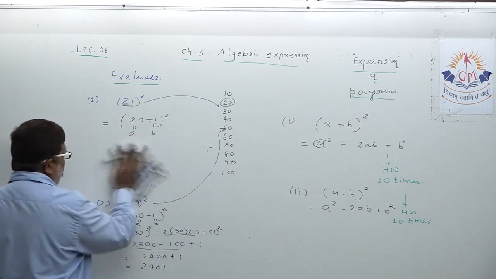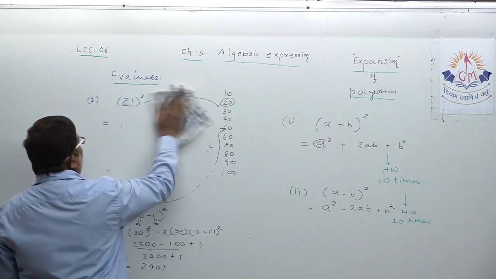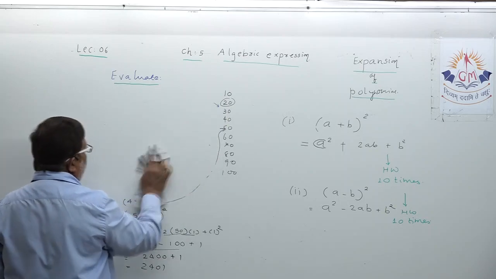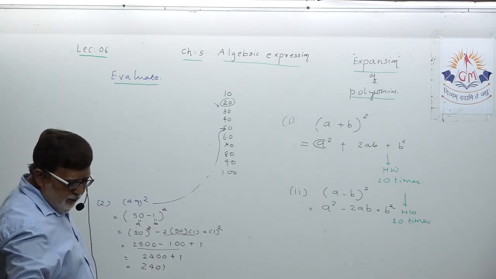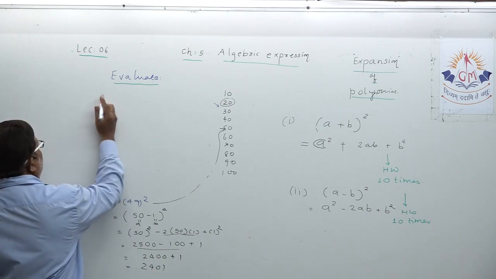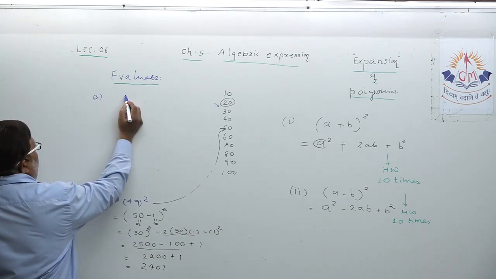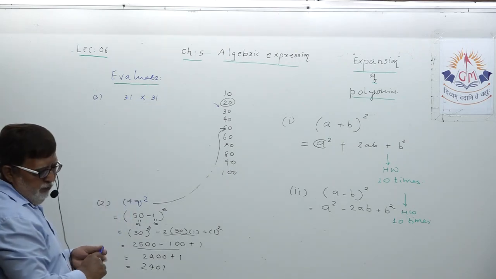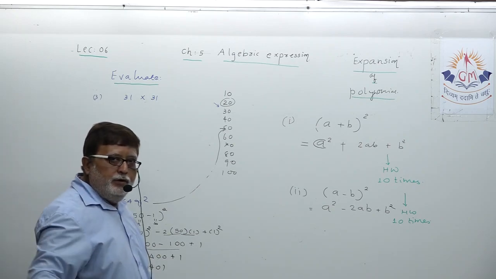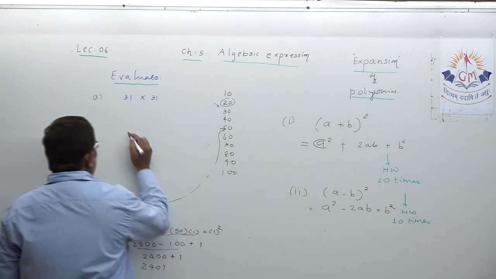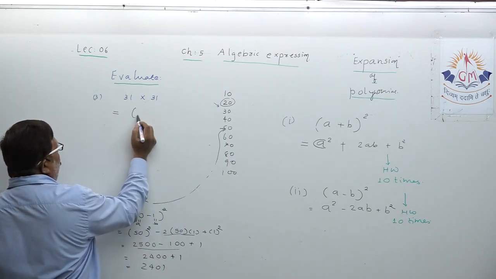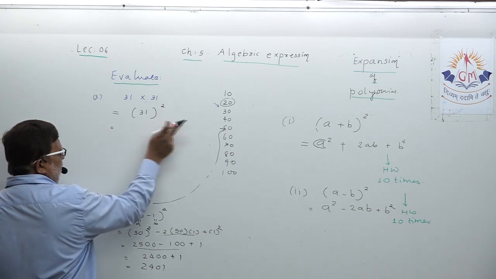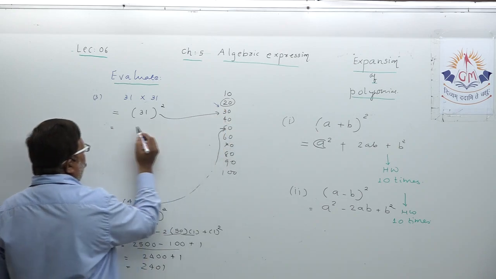One more example, let us take. Suppose you are given an example this way, just concentrate here. Take an example 31 into 31. Suppose in evaluation you are given such an example, it simply means 31 into 31, that means 31 square. It is near to 30 rather than 20 and 40.